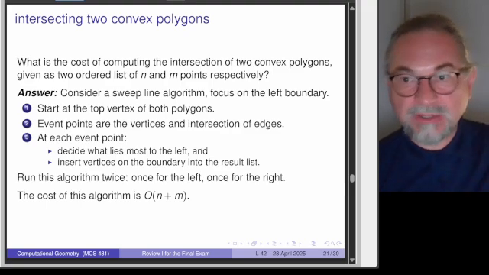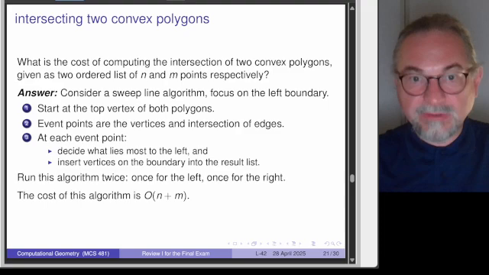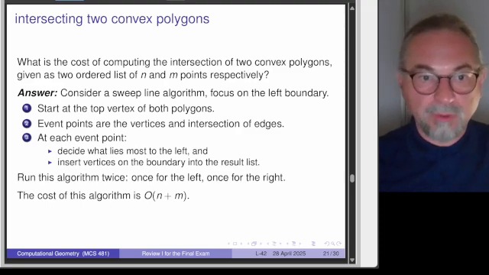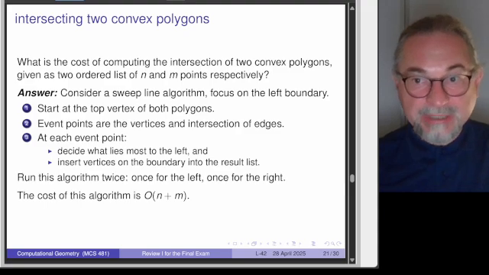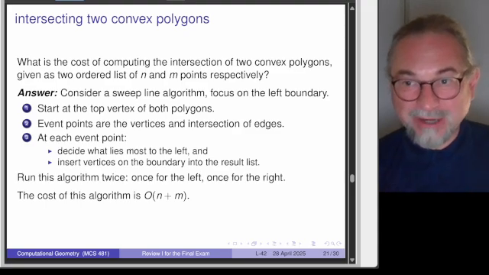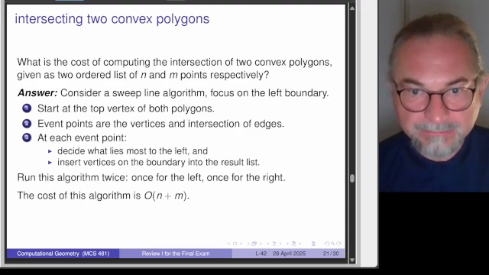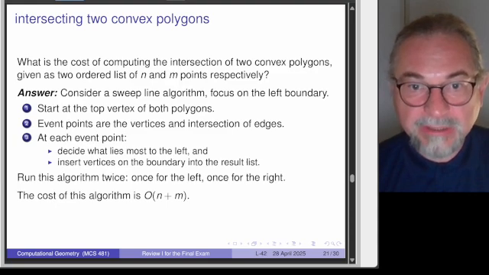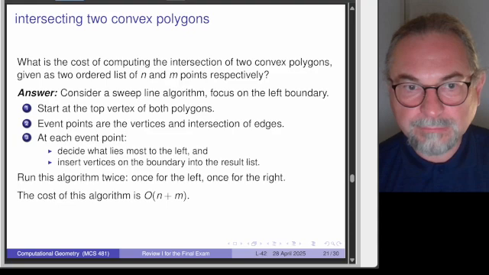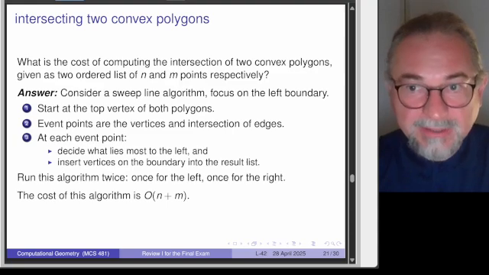We walk twice, once to the left, once to the right, and we visit all the points of both polygons. The operations that we do in each step are constant: deciding on which side we are, computing a new event point. So we have an algorithm that runs in linear time, linear in the size of the input. Okay, so this was, by the way, a lemma that we have proven.